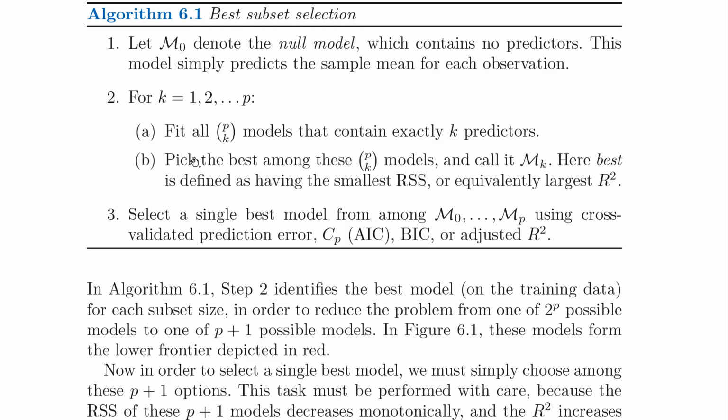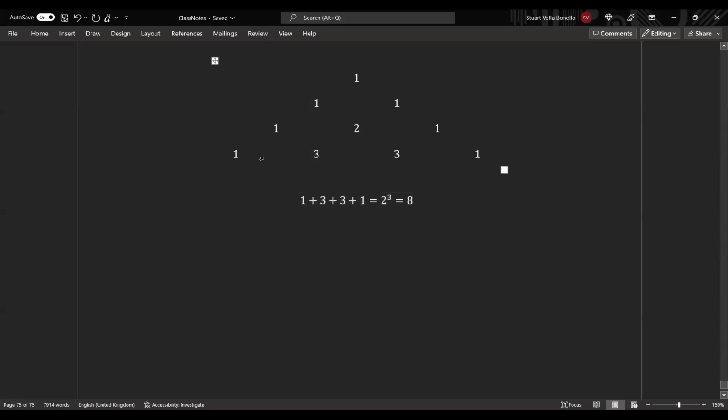In fact, pick the best, M0 and Mp. You already know that M0, that's just going to be the null model. There's only one of them. It's the ones in Pascal's triangle. There is no fighting over here, but there will be a competition over here. So you pick the best among these 3, for instance.